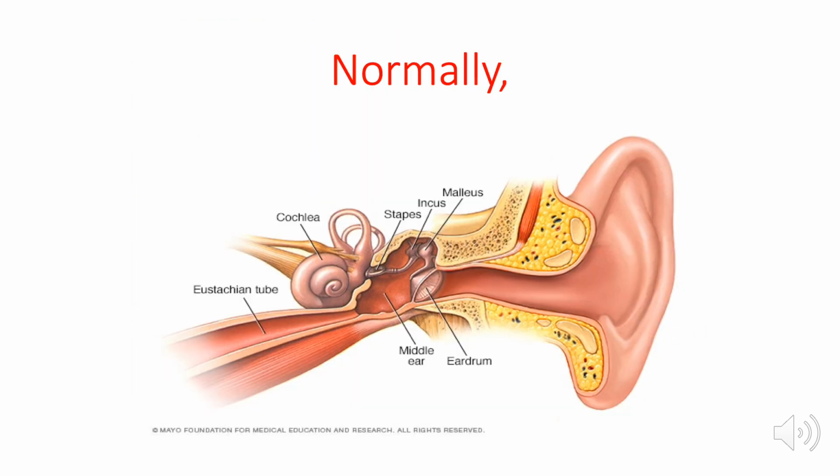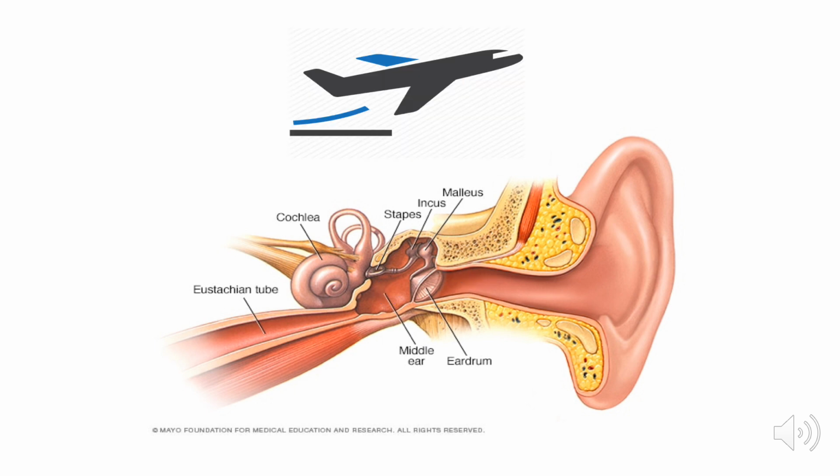Normally, the pressure within the middle ear and the atmospheric pressure are equal. If you're riding a plane and the plane is ascending, there would be a subsequent drop in the atmospheric pressure. And what will happen now is the pressure within the middle ear will be greater than that of the atmospheric pressure. And that can cause pain and discomfort.